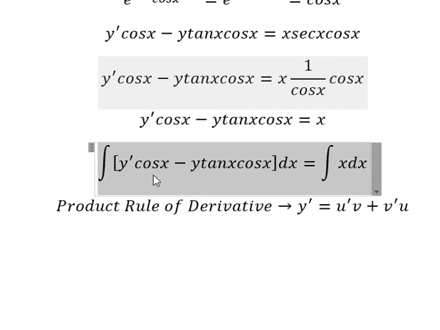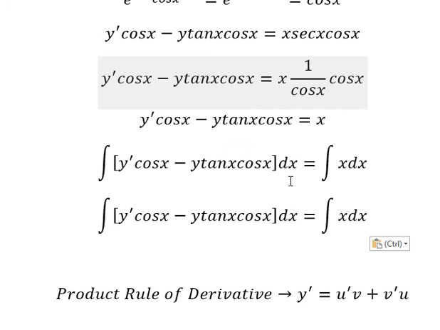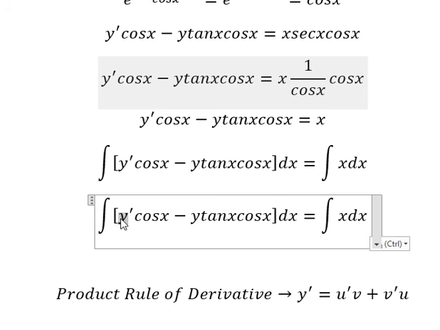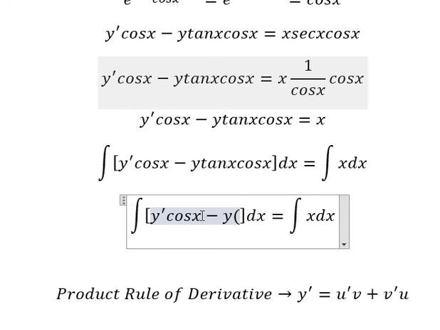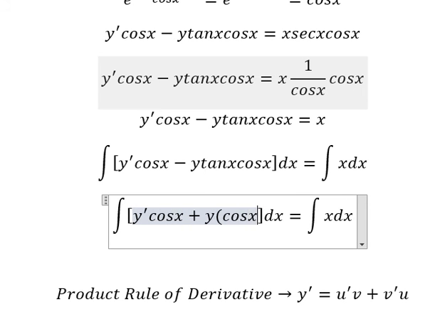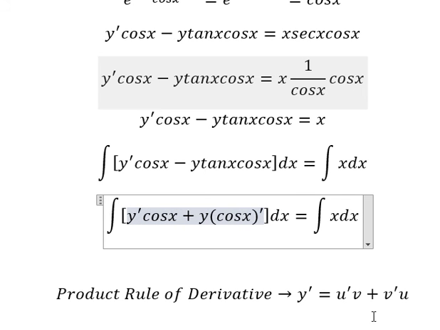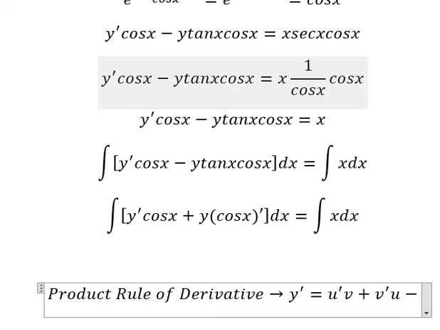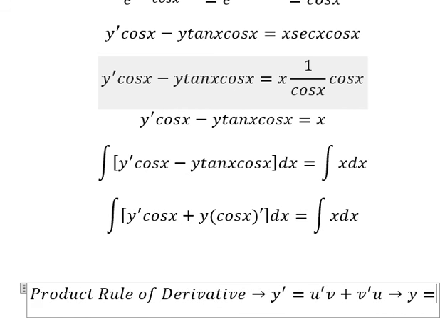So in this situation, this is the first derivative of u multiplied by v. This one is sine s, and sine s is the first derivative of cosine s. So if we do the integration, you will get y equals uv.